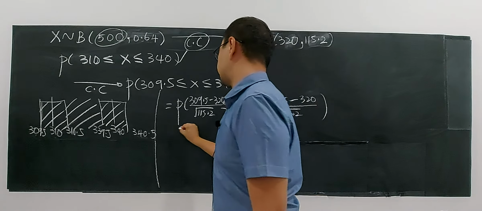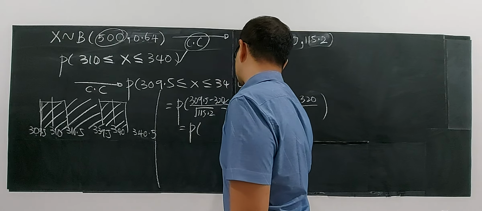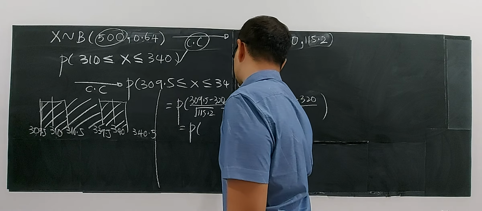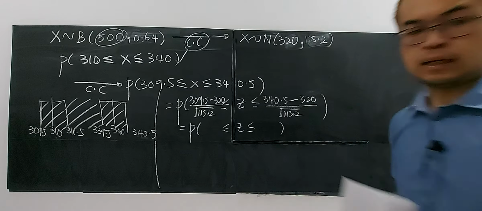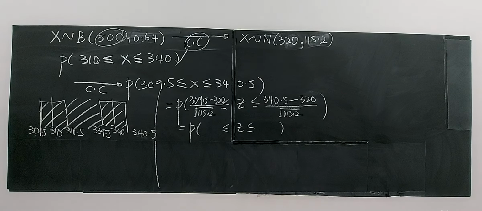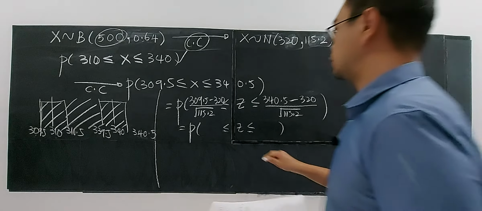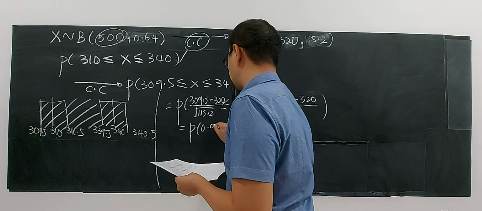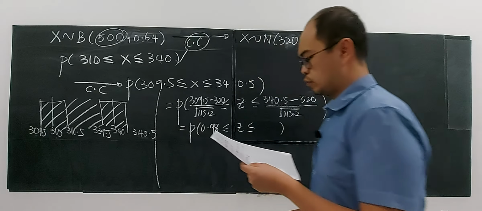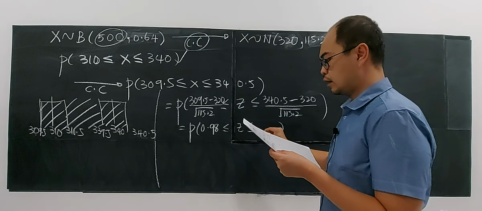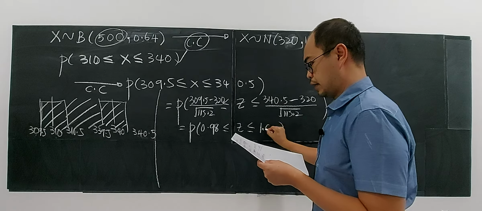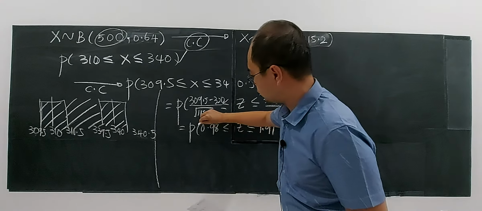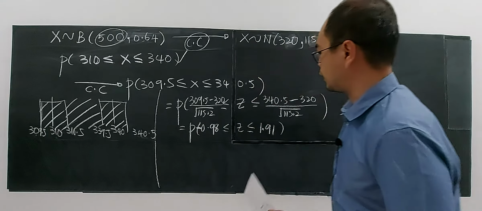After you convert, the score Z is in between these two values, which from the calculator I know will be negative 0.98 and 1.91.